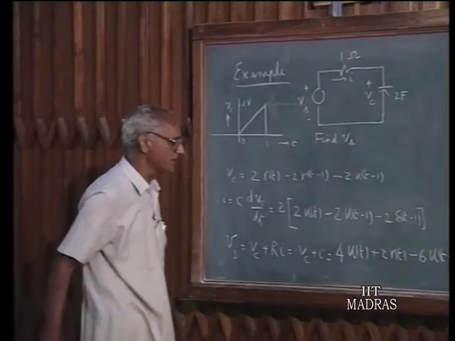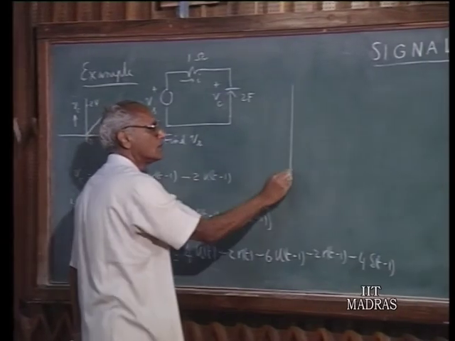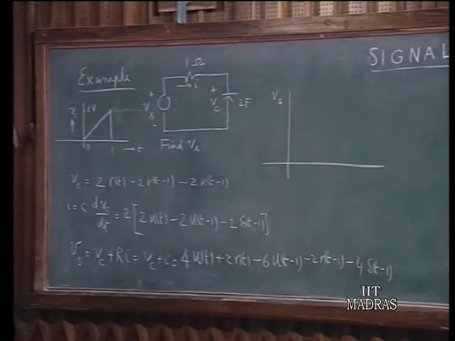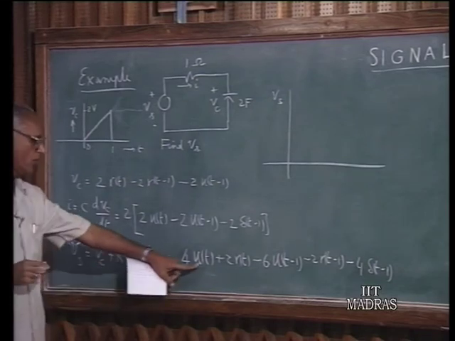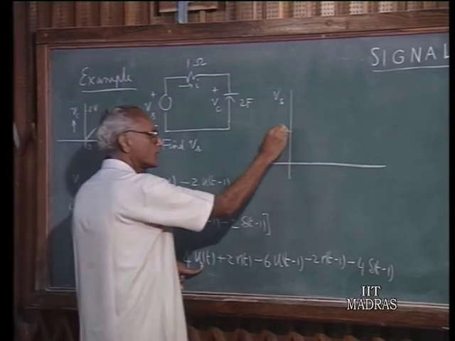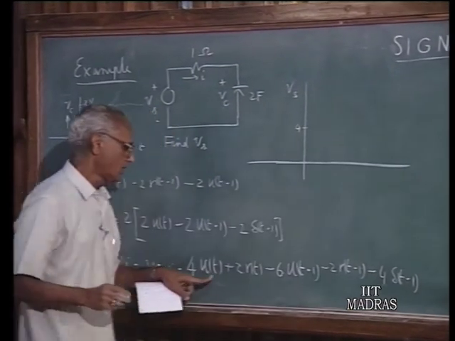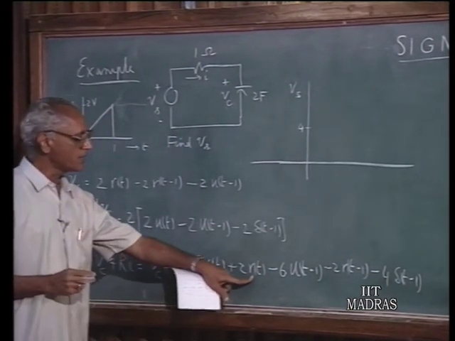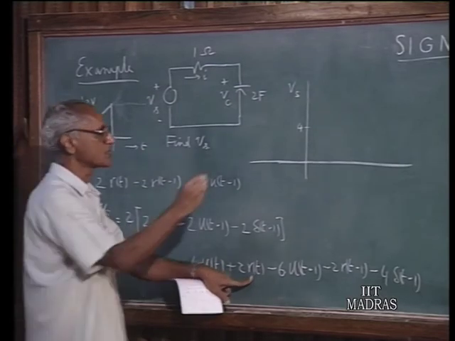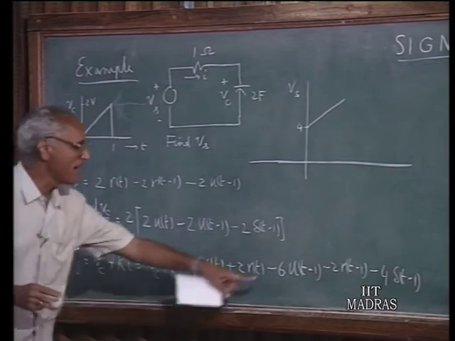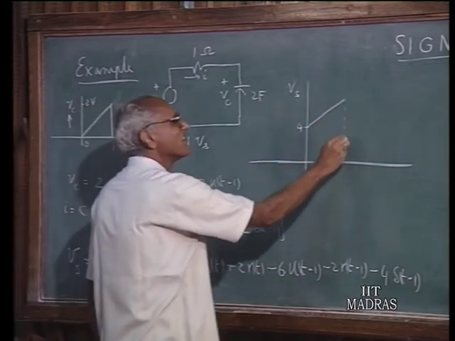If you plot this, Vs would have a waveform like this. To start with 4u(t), so it starts with 4. It is 0 for negative values of time, and at that point of time it has a ramp with a slope of 2 units. So, it goes on increasing right up to t equals 1.